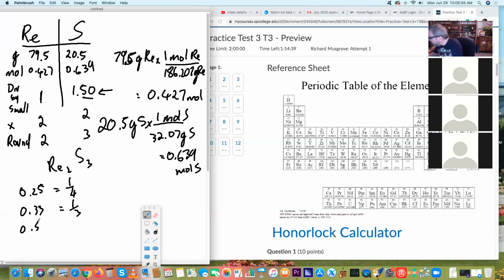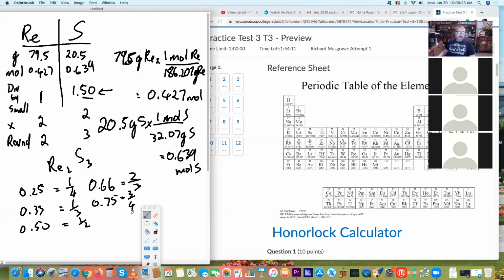As long as we're aware of those, you really can't go too far wrong with it. If you're looking at the decimal, you want to be able to determine what fraction it looks like.